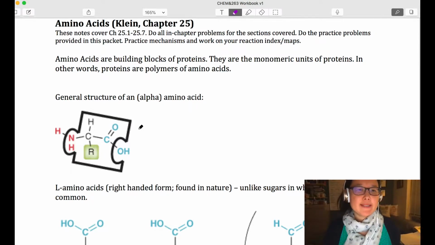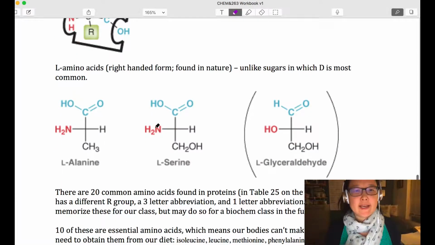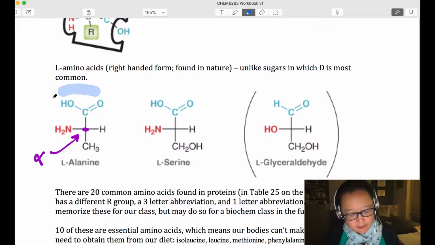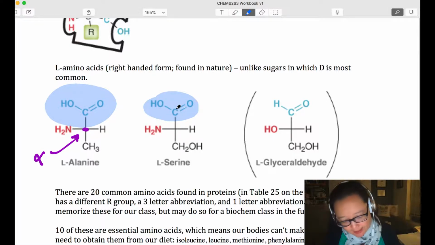So amino acids are generally very simple in structure, in that they all have a very common structure of a central carbon, which we call the alpha carbon. And then attached to that alpha carbon are different groups. We have a carboxyl group, carboxylic acid.